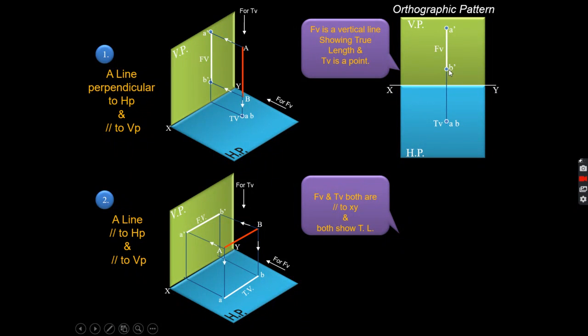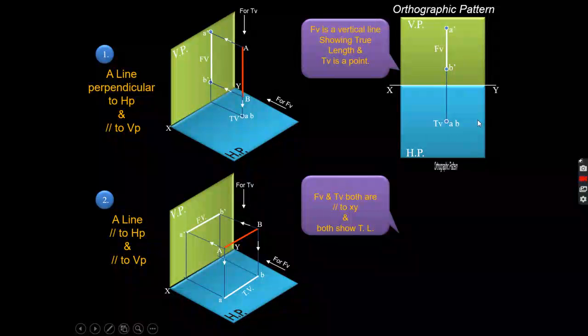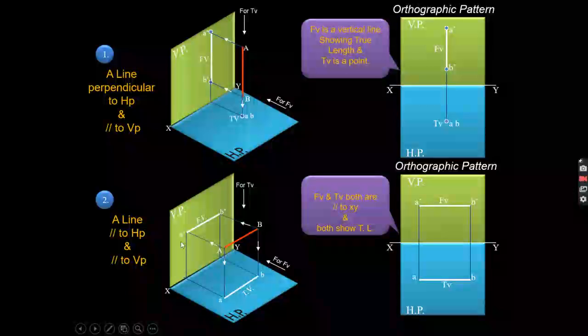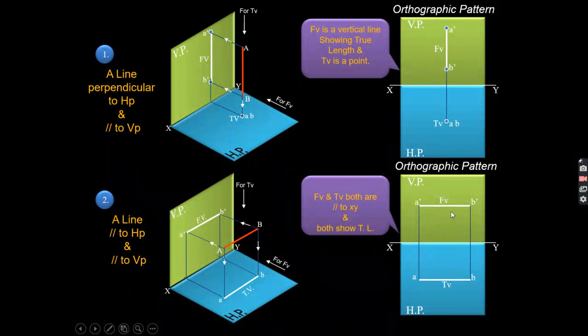This distance is 20 mm, and the length of the line is 50 mm. You can mark those lengths, and this is the 30 mm distance, and this is the solution of this particular question.